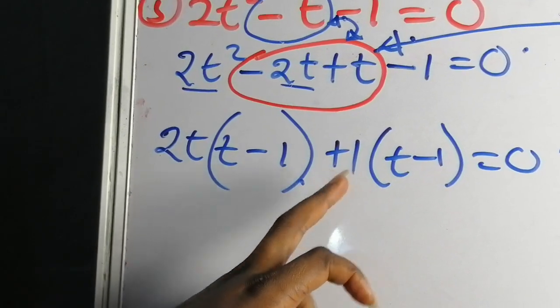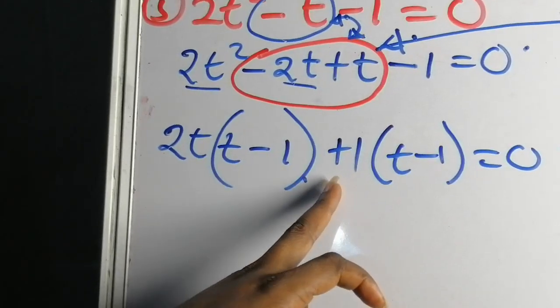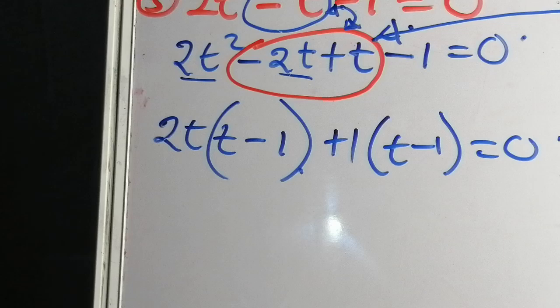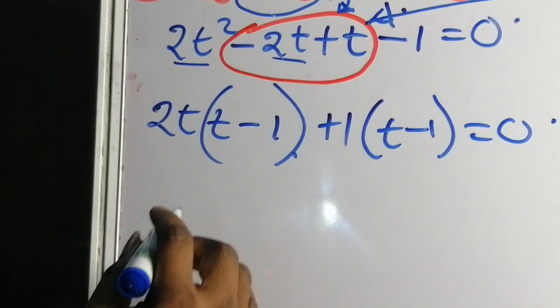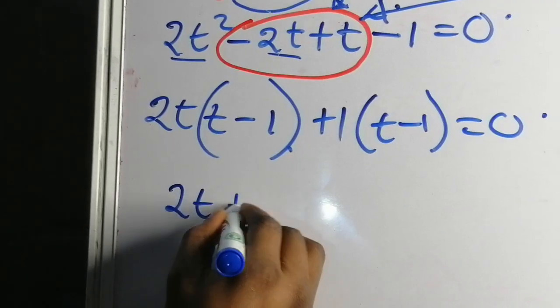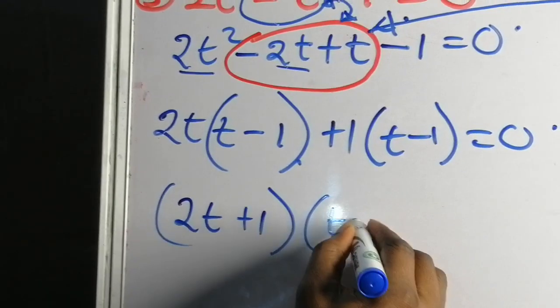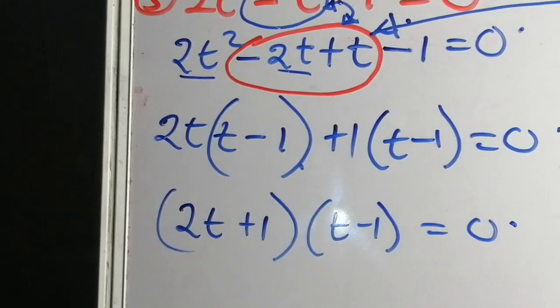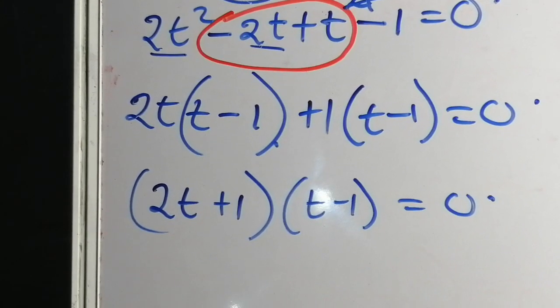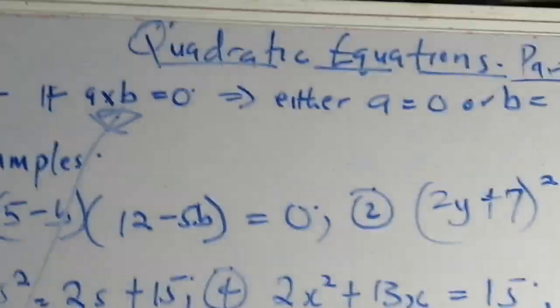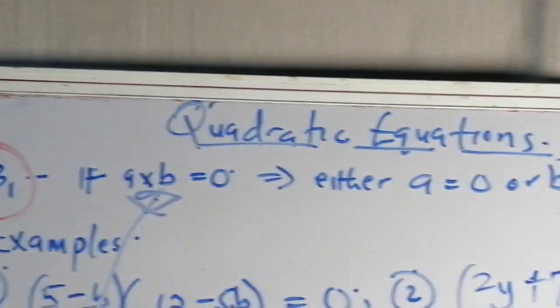I don't want to tamper with this. I need to put plus 1, even though I told you anything times 1 will still give us that value. So which is very, very key. So it means that 2t plus 1, then t minus 1 equals what? 0. Okay, now it has come back to note 1, which says that a times b equals 0, either a equals 0 or b equals 0.